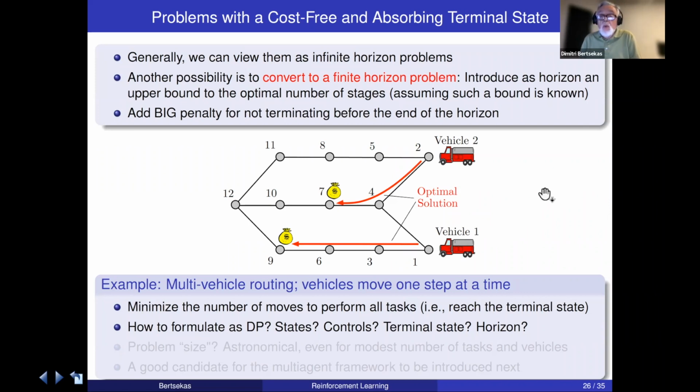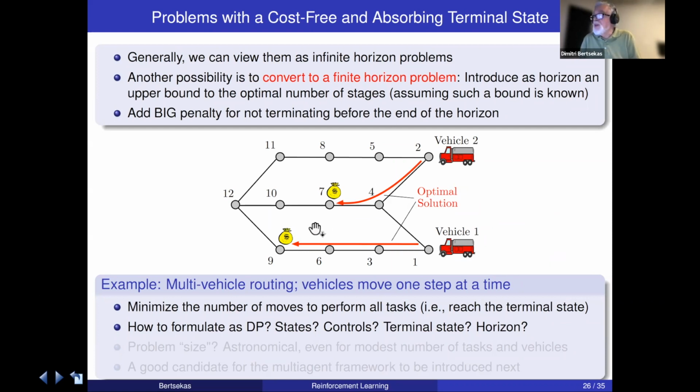So what would be useful? The question to ask here, what would be useful for the purposes of future optimization? Given that you are in the middle of the game, the vehicles have moved around and they have performed some of the tasks. Certainly the position of the vehicle, the pair of the two positions, should be part of the state, but also the location of the tasks that are unfinished would also be interesting, right?